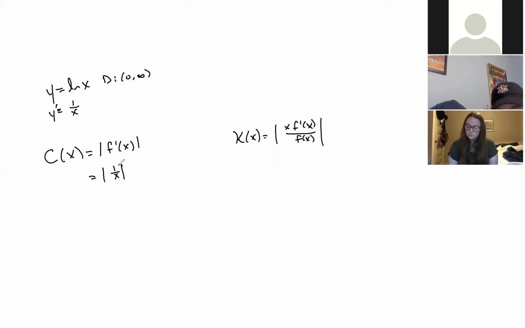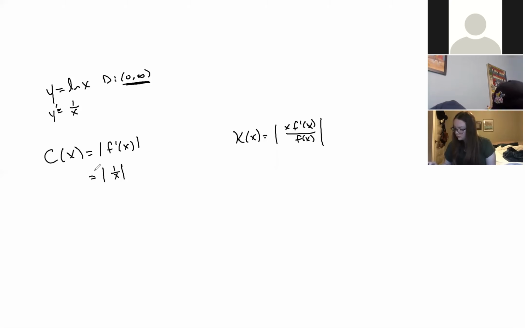If we're starting with positive x values, then this is always going to be positive, so it would be okay to write this without the absolute value bars. But on the homework, I was seeing a lot of people write their answers without absolute values in places where you really have to have them. So be careful with that on the test. In general, the safe thing to do is to just leave the absolute value around your condition numbers.